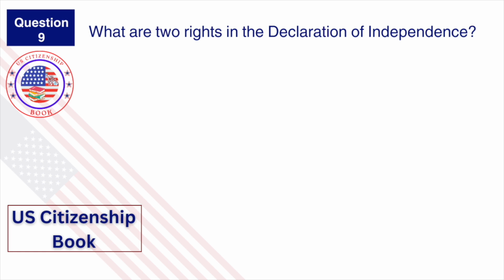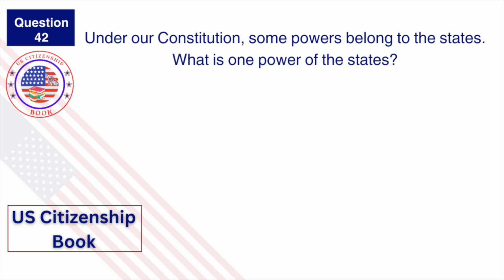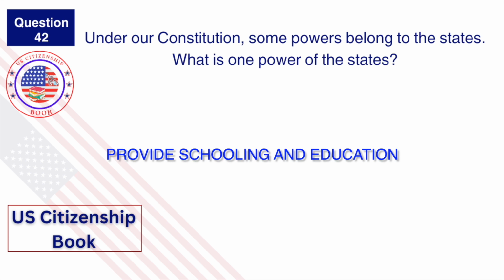What are 2 rights in the Declaration of Independence? Life, liberty. Under our Constitution, some powers belong to the states. What is one power of the states? Provide schooling and education.